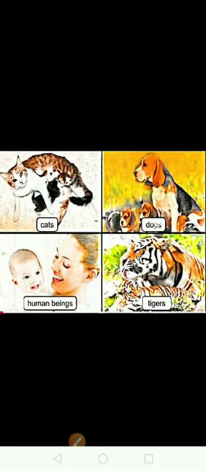Animals reproduce in two ways. Number one, by giving birth to young ones, like cats, dogs, human beings, and tigers, etc.